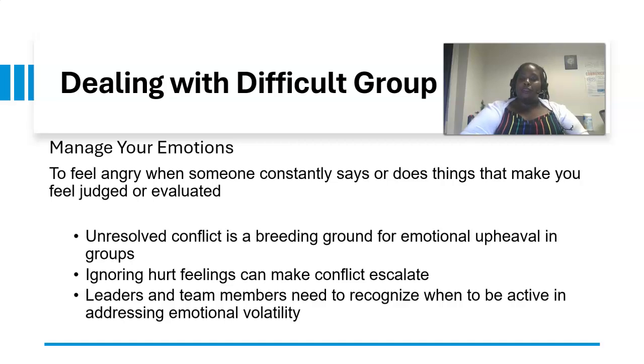Unresolved conflict is a breeding ground for emotional upheaval in groups, and ignoring hurt feelings can make conflict escalate. So we want to make sure to communicate respectfully and calmly. Leaders and team members need to recognize when to be active in addressing emotional volatility. So if things get too heated, leaders and group members are able to intervene and calm everything down. But of course, again, I'm helpful in that as well.